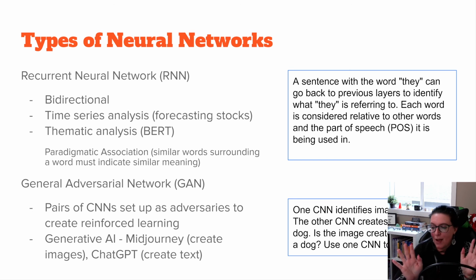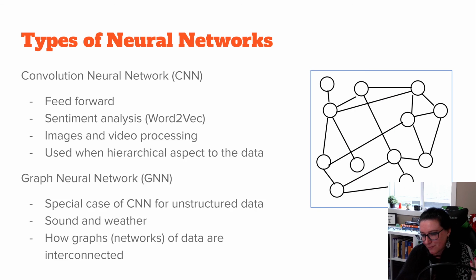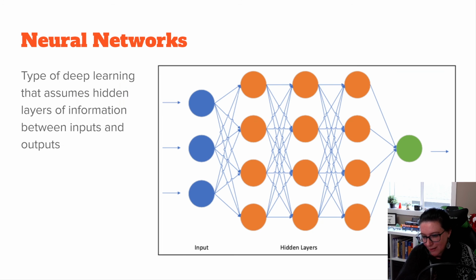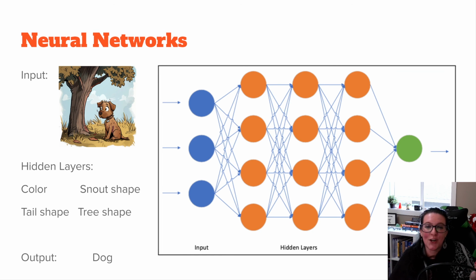So one identifies the image of the dog, the other one is looking at creating the image of the dog, and then they are learning from each other through a reinforced learning process. So this is how we get that image creation, like the little dog in the tree. Yeah, there you go. These are all Midjourney generated, right?